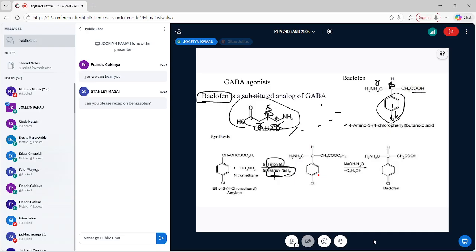So that, again, is important. We have come across two new reagents there: Triton B and Raney nickel plus hydrogen. Those are very important reagents.